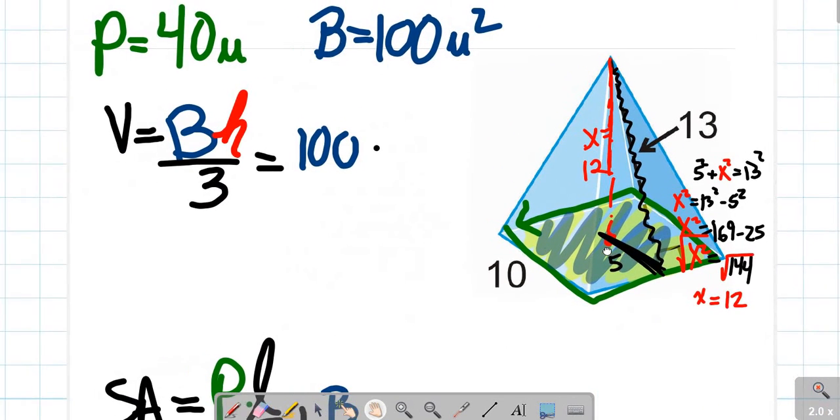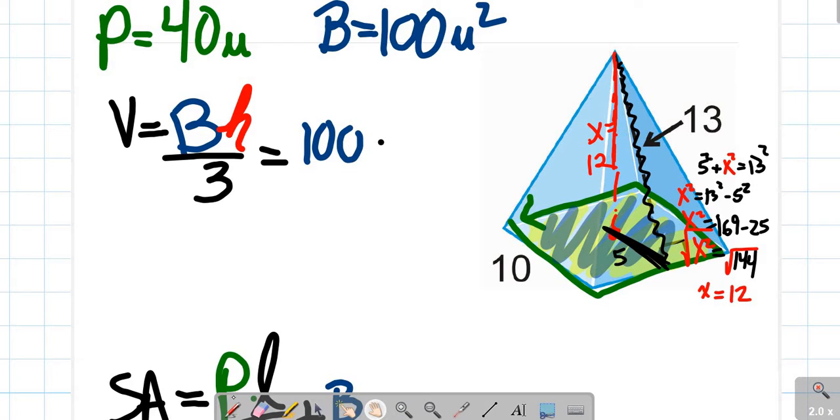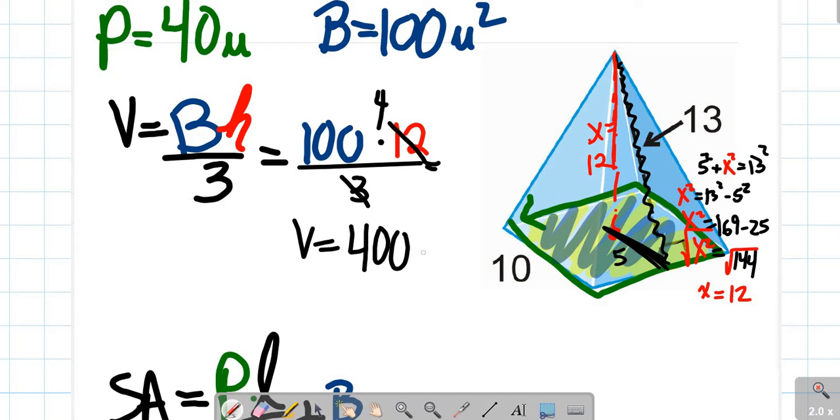So watch out for those right triangles. So our true height for volume is going to be 100 times 12 over 3. And you just reduce. If you need to, get a decimal, but 3 goes into 12 4 times. So my volume here is simply going to be 400 units cubed.